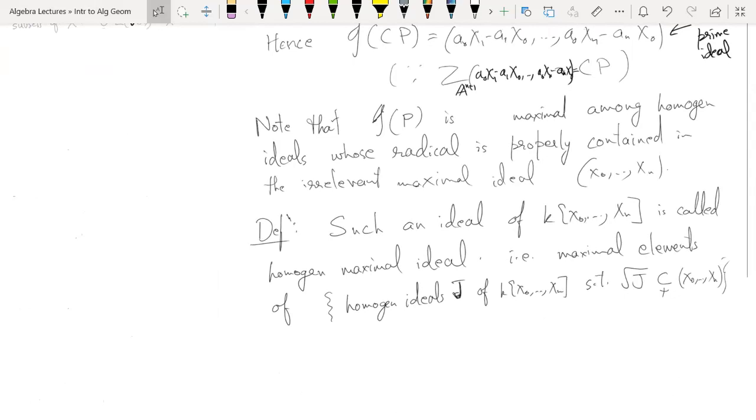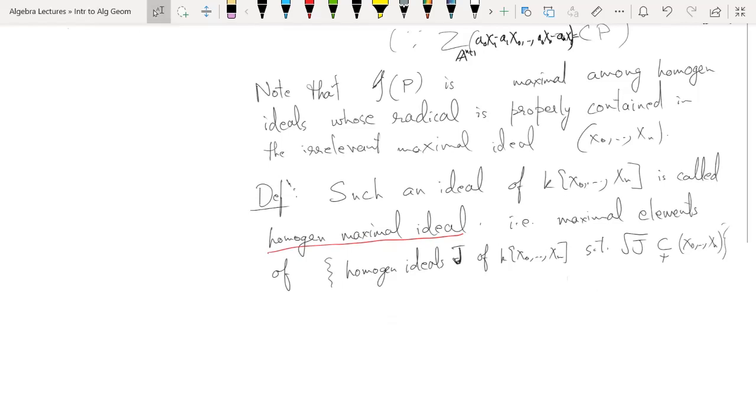So maximal among such a class of ideals: maximal among homogeneous ideals whose radical is properly contained in the irrelevant ideal. Such ideals we call homogeneous maximal ideals. So the maximal elements of this collection: homogeneous ideals J of K[x0, ..., xn] such that the radical of J is properly contained in (x0, ..., xn).